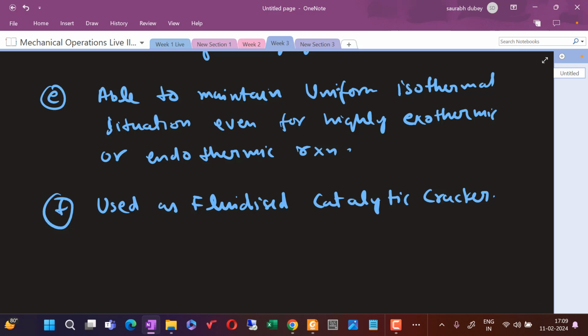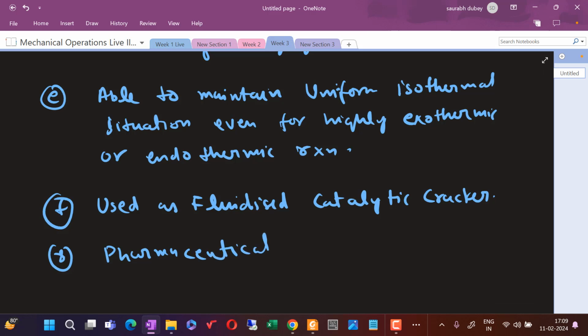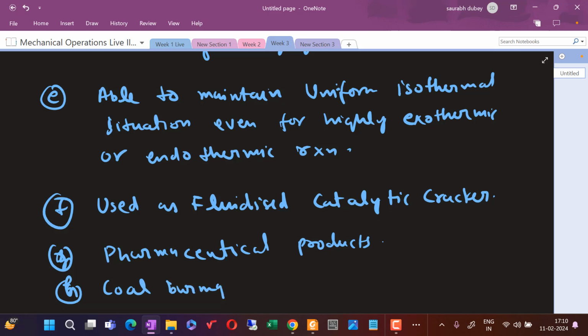Some other examples could be like pharmaceutical products, coal burning, and chemical looping.